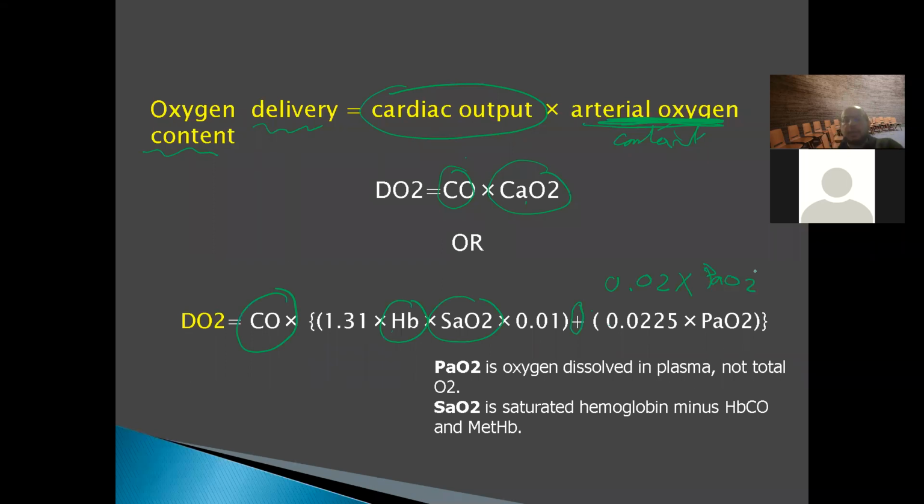I don't know how it is in Libya, but most likely it's going to be the same, because I know, mashallah, there are a lot of good physicians there with expertise. Usually when we deal with the NICU, we are looking at the oxygen saturation. Very few cases do we request an arterial gas to look at the PaO2.